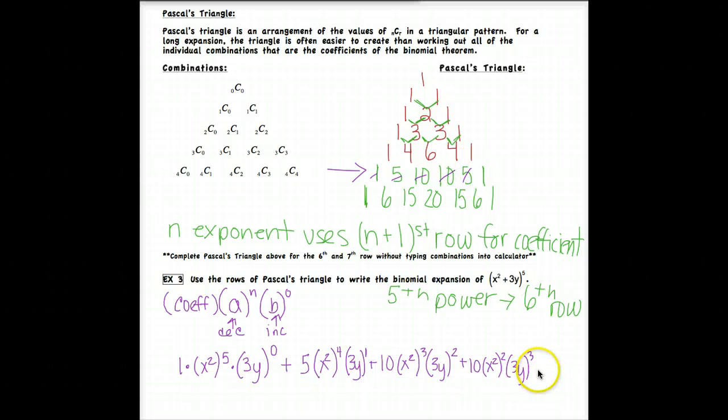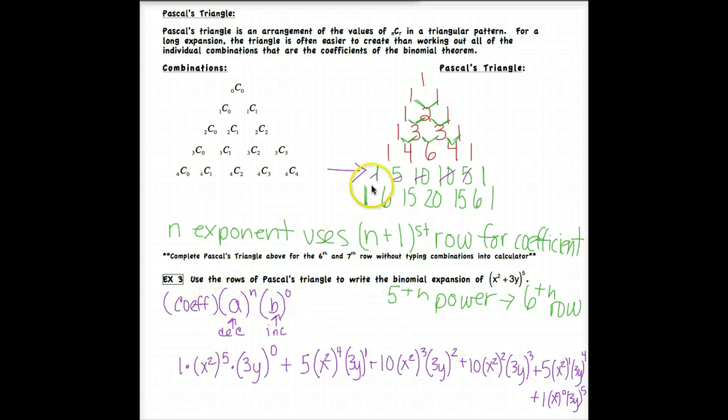Now use the 5. So x squared is now to the 1st, the 3y is now to the 4th, and my last one, I'll just have to put down here, plus 1, and then x squared to the 0, 3y to the 5th.